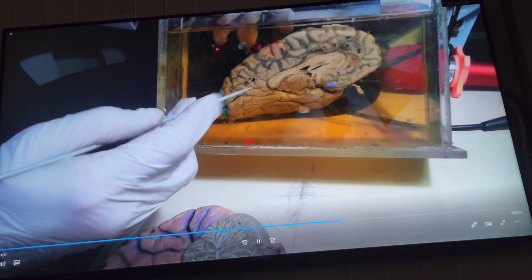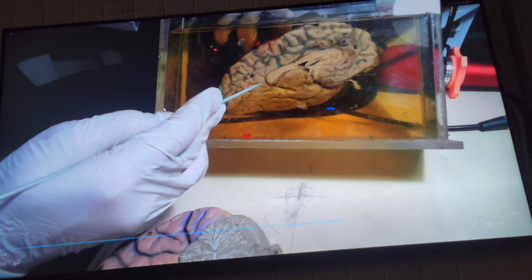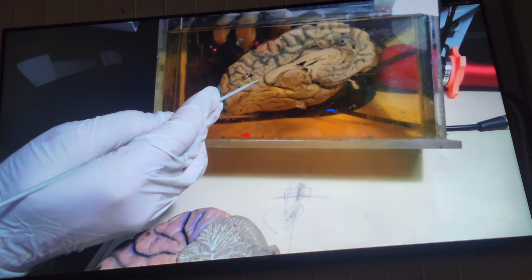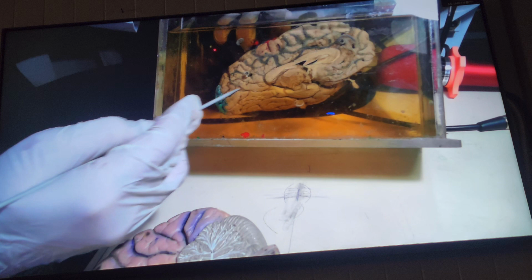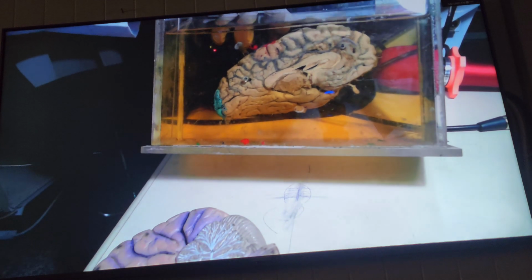As I said in the previous laboratory session, the calcarine sulcus starts below the splenium of the corpus callosum toward the occipital pole of the cerebral hemisphere.